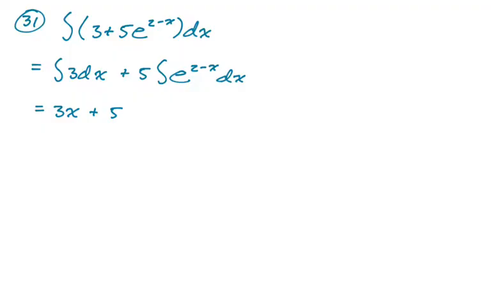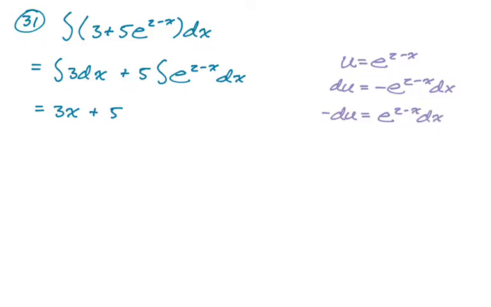It's an exponential, let u equal the whole thing. So u is e to the 2 minus x. Don't forget the chain rule here. Du is negative e to the 2 minus x dx. So negative du is e to the 2 minus x dx. So our integral becomes, I'm going to pull out a -1, integral of du. And again, always that will happen.